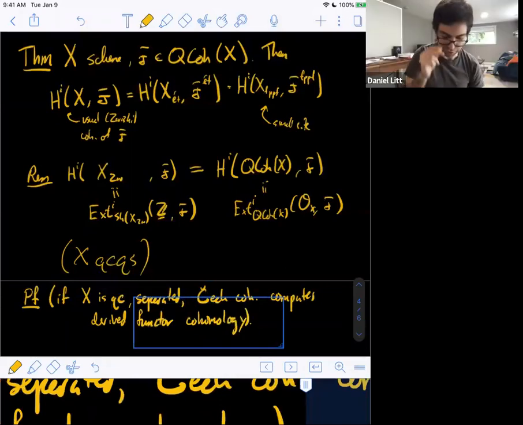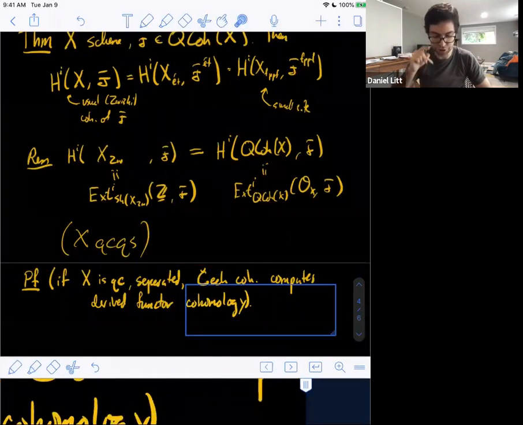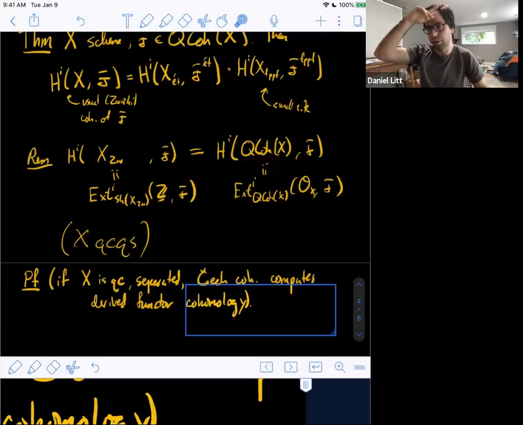Okay, so this statement is true in general, but I'm only going to prove it in the special case. And we know from this result that I quoted from Milne that this latter assumption that Čech cohomology computes derived functor cohomology is not so strict. It's true for quasi-projective schemes, for example, but this theorem is true without it.